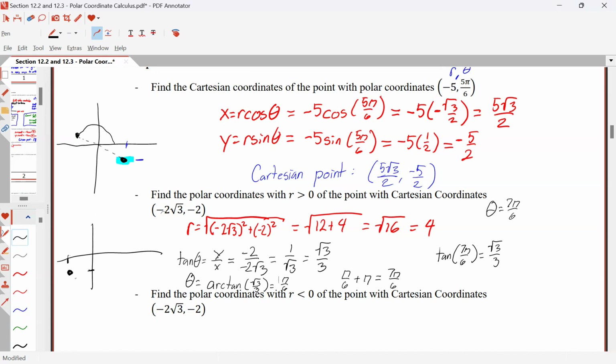Remember, there's a lot of angles we could be using. It could be 7 pi over 6. It could be negative 5 pi over 6. We could have 19 pi over 6. I'll just write out the different options there. And there's many more. However, it is standard to pick the angle that is between 0 and 2 pi.